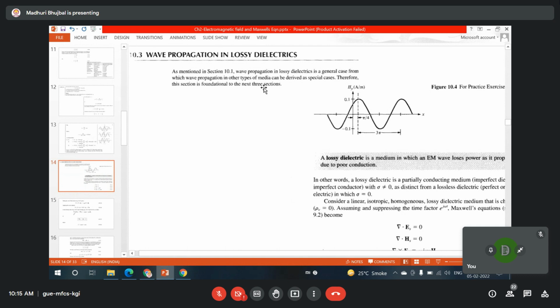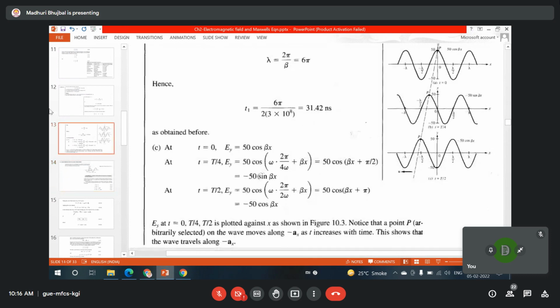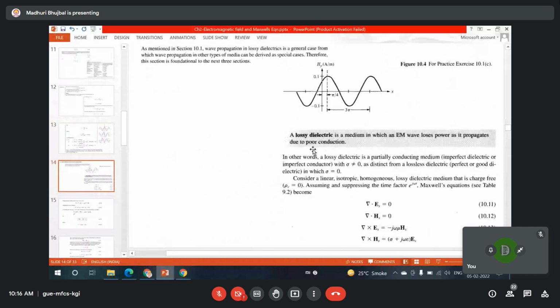ठीक है, तो उन तीन का इक्वेशन हम कैसे करने वाले हैं. We will first derive the different equations for lossy dielectric, and then we will use those equations to derive the equations of the other three different media. तो ये इतना ही करना है आपने. Okay, so now we'll see the derivation. सबसे पहले just write down this sentence, this is important. अभी लॉसी डायलेक्ट्रिक होता क्या है वो तुम लोग को पहले डिफाइन करना है.